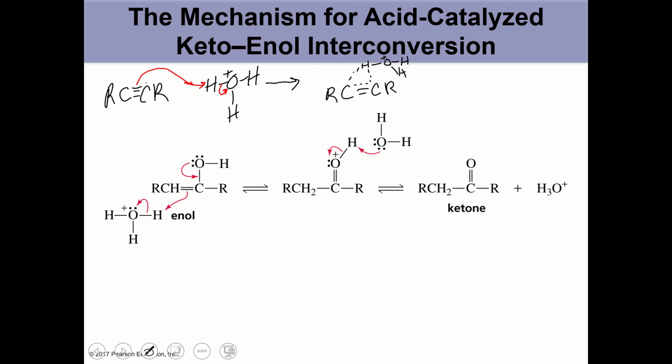then a molecule of water, H2O, will then donate electrons to make a bond at the more substituted carbon. These are actually both secondary, so it won't matter on this one.